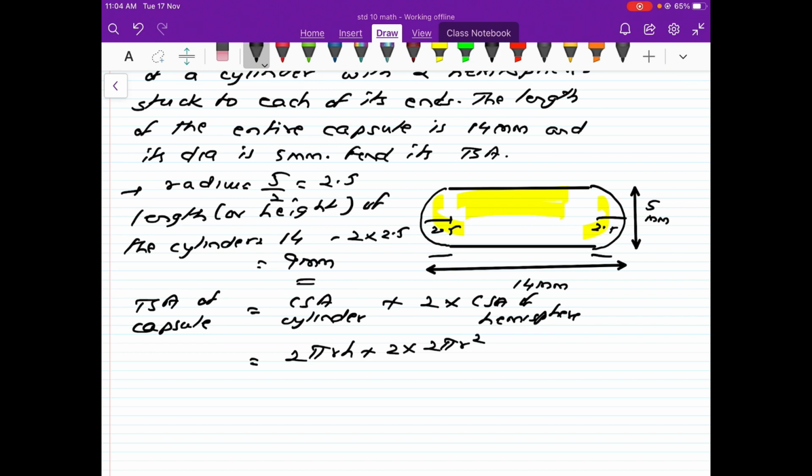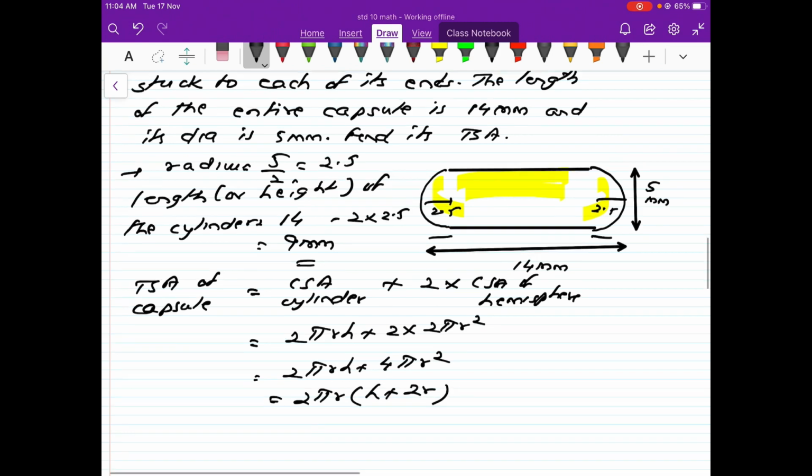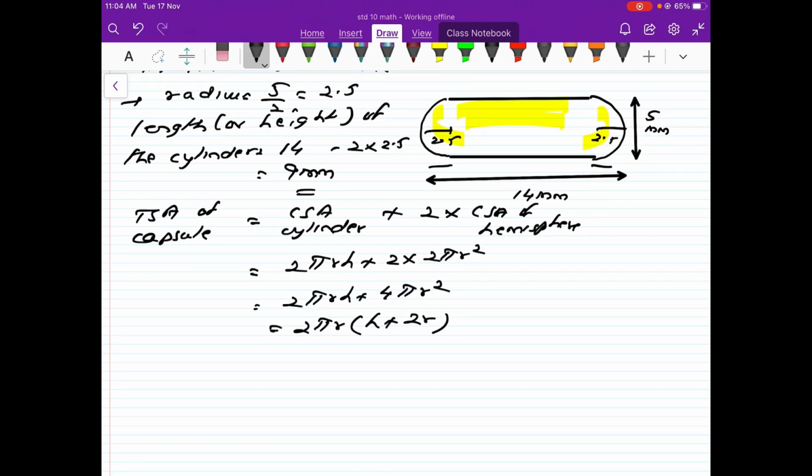So this becomes 2 pi RH plus 4 pi r square. So 2 pi r can always be taken as common. This will be h plus 2r. So now we will just put the values. 2 into 22 by 7 into radius 2.5, and this is h plus 2 into 2.5.